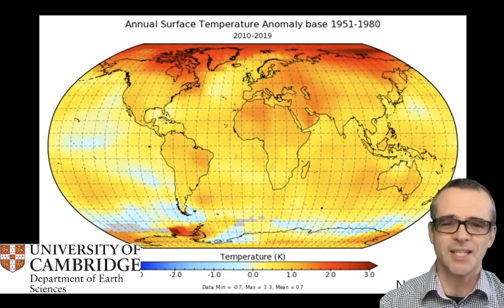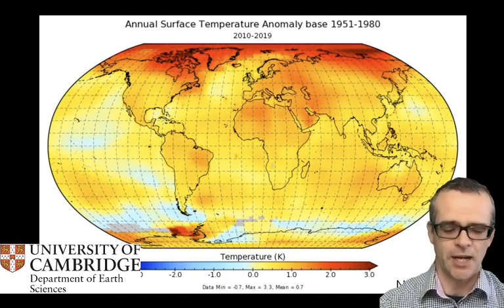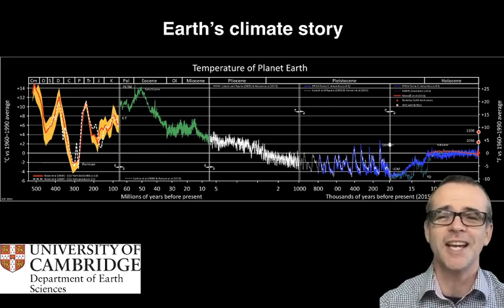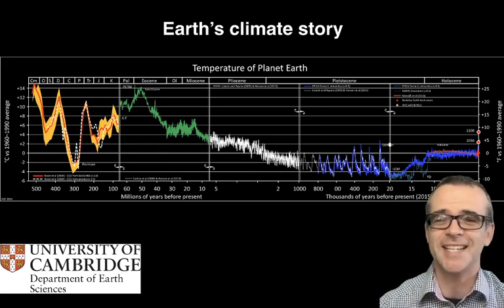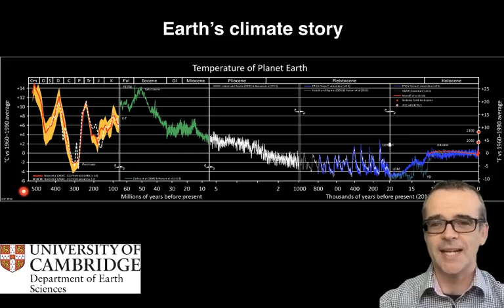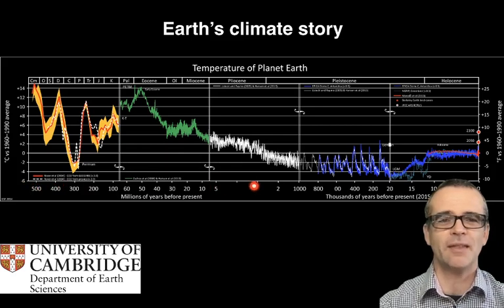But as an Earth scientist, we have a much richer record of climate change on a planetary scale, and here we are looking at the past 550 million years of temperature change on our planet. We've got about 550 million years over here going all the way through to the present day.